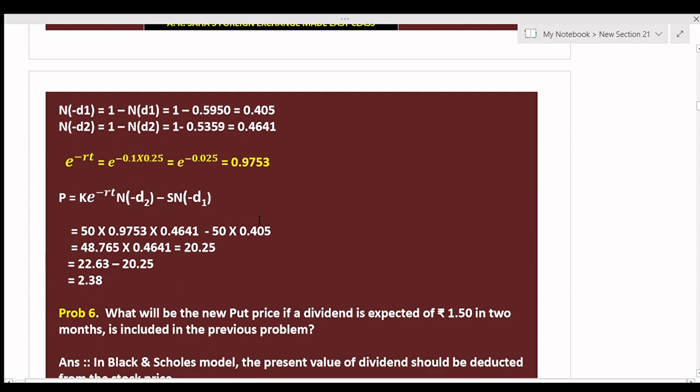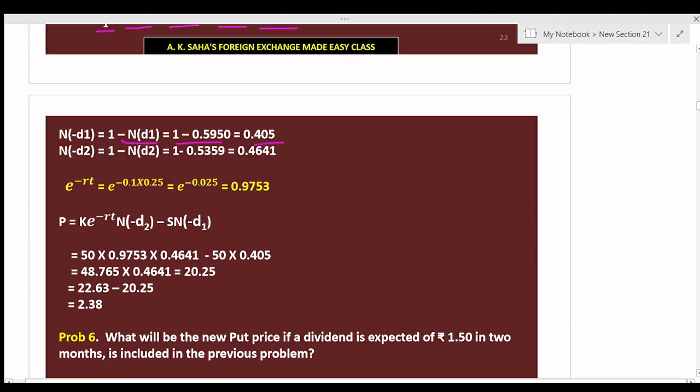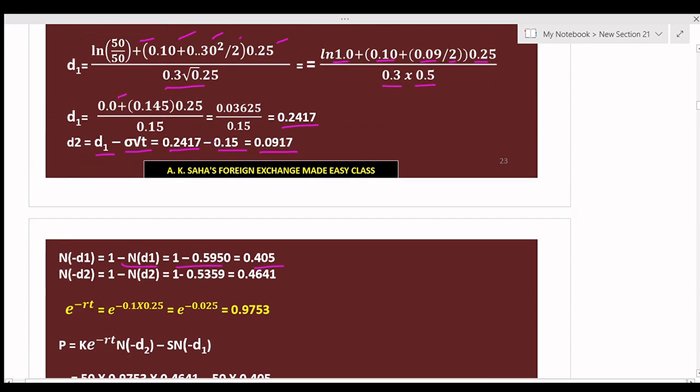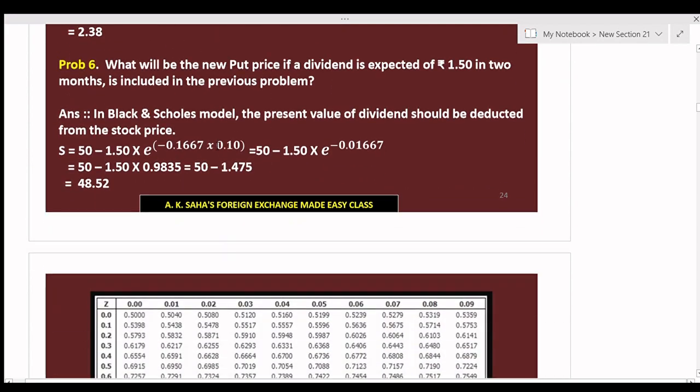Now you have to calculate N(minus d1), which is 1 minus N(d1) is equal to 1 minus 0.5950 is equal to 0.405. Now N(d1), d1 is equal to 0.2417, so you see 0.24.